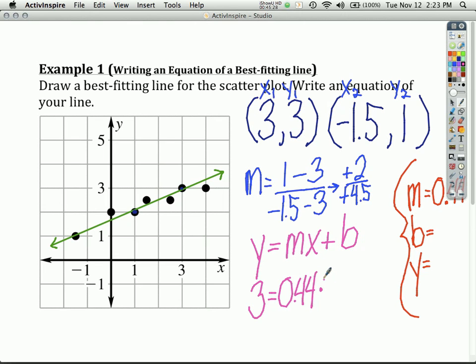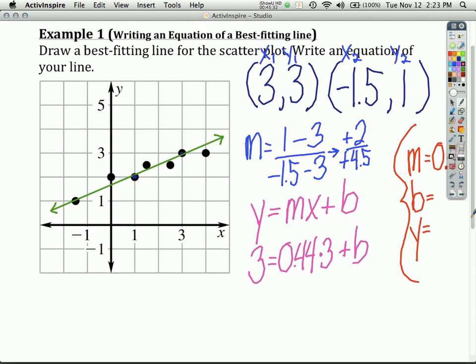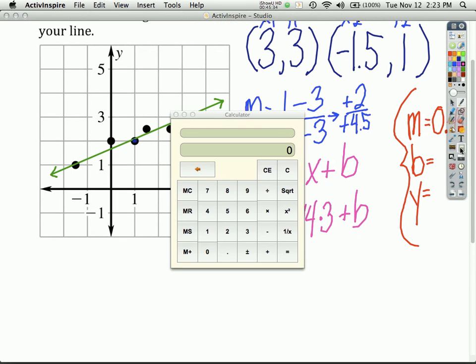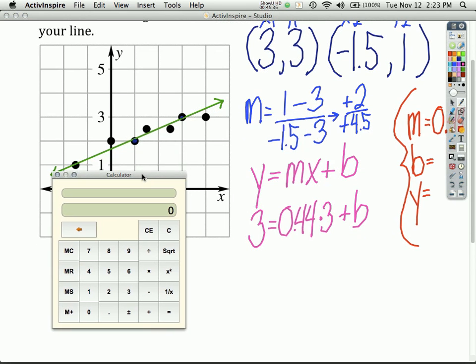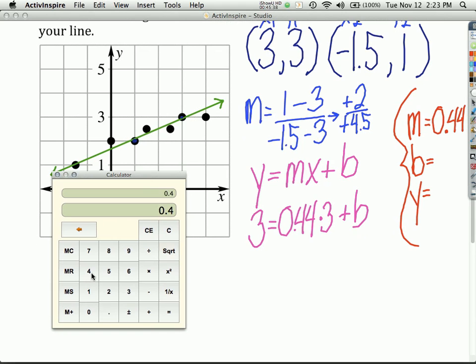X is 3. And let's see what that comes out to. I'll do it along with you with my calculator. 0.44 times 3, 1.32. So I get 3 equals 1.32 plus b.